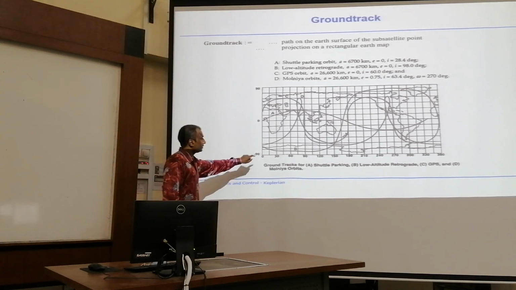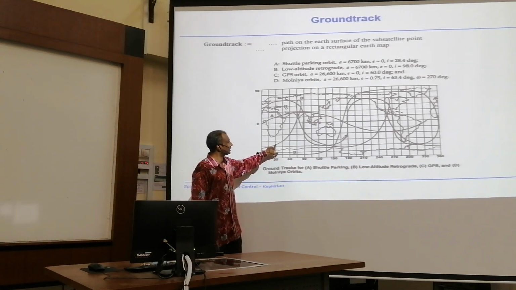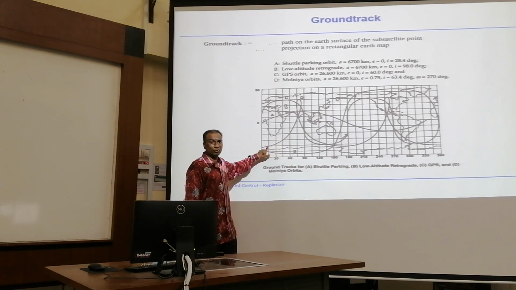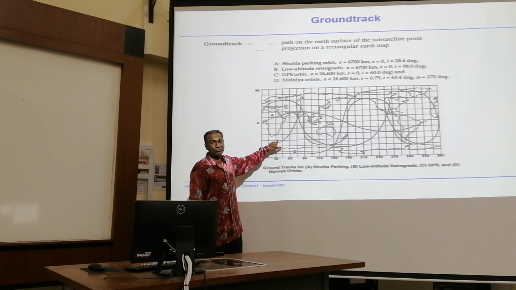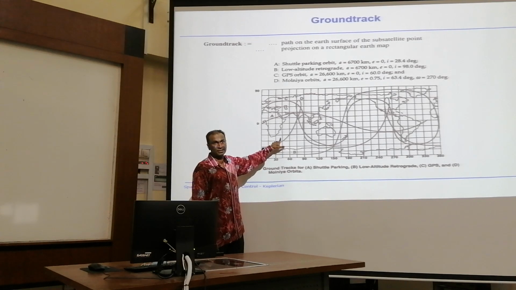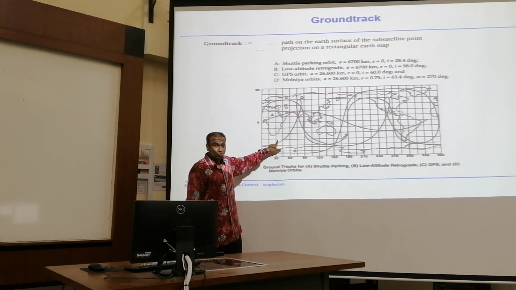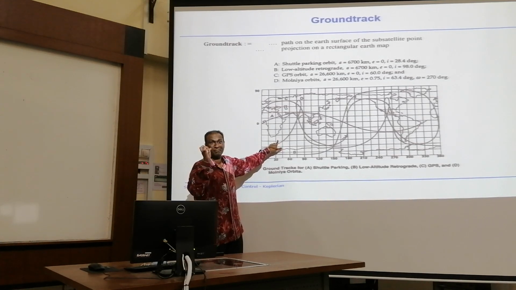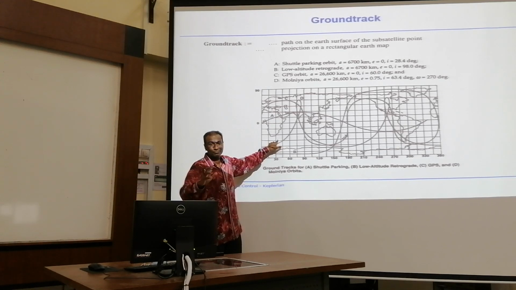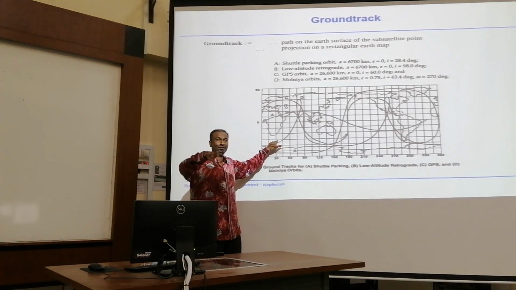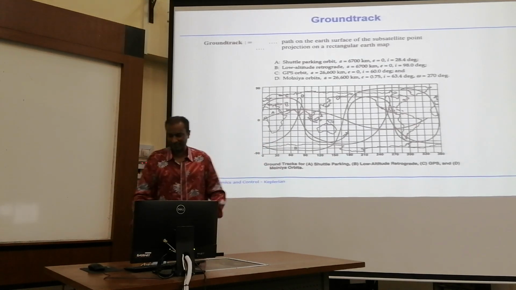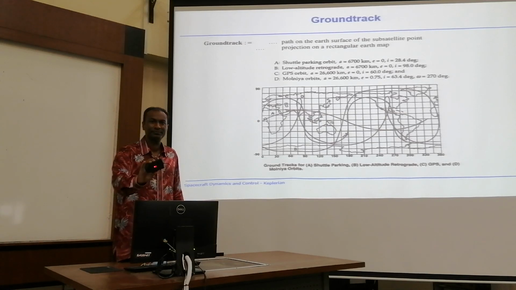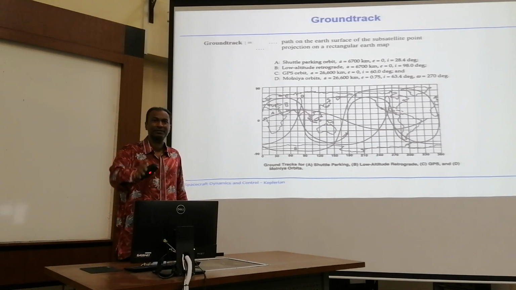Now, this ground track is always associated with the orbit control. If orbit control is off, this can be disturbed. Now, if attitude control is off, depending on the magnitude, maybe a total tumble. A tumble means it tumbles.